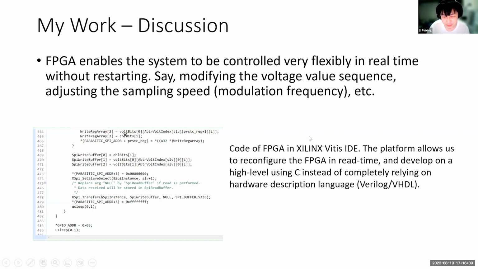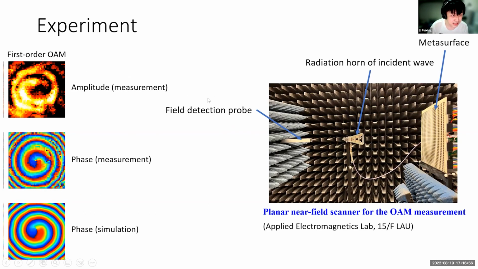And the Xilinx tools, Xilinx being a vendor of FPGAs, enable us to develop the program at a high level by using the C language instead of just a hardware description language. By using such a system, we implement the objective of our project.